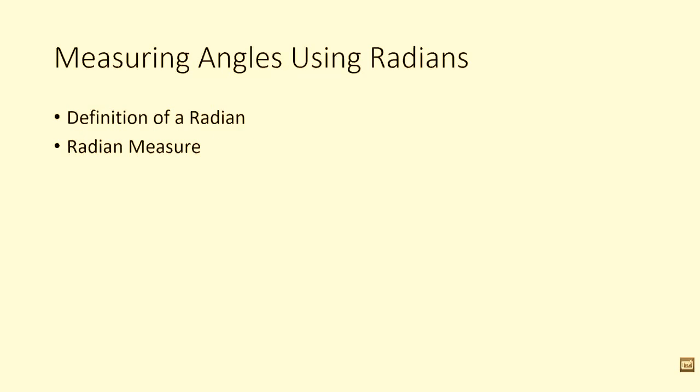Using radians to measure an angle. First of all, let's define what we mean by a radian. So let's define what we mean by, say, 1 radian. Let's consider a circle.